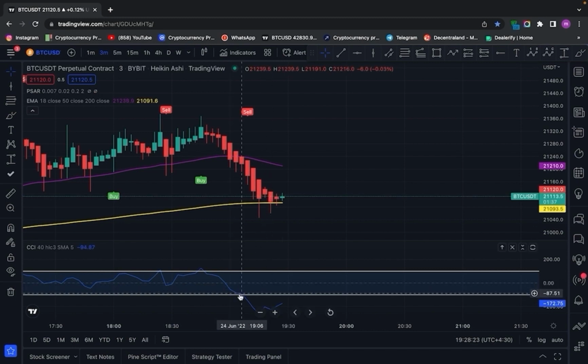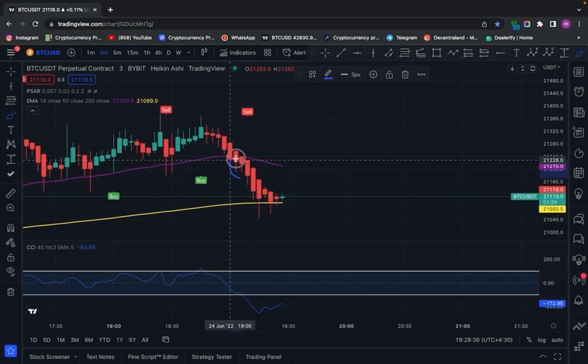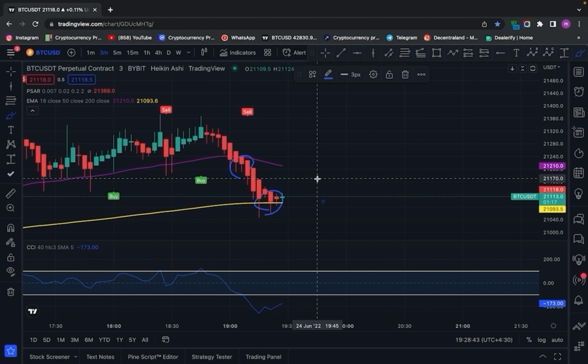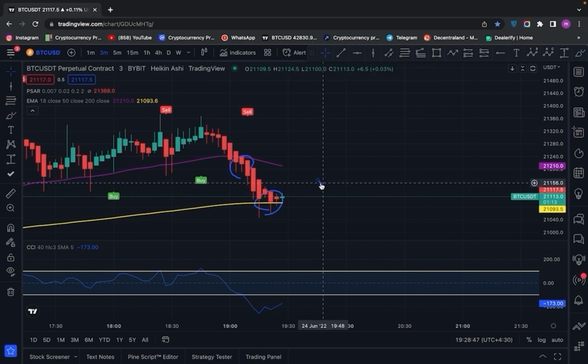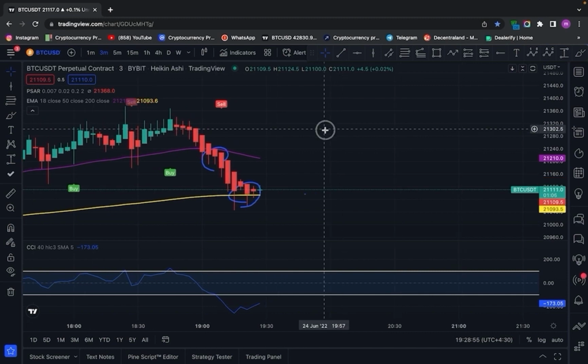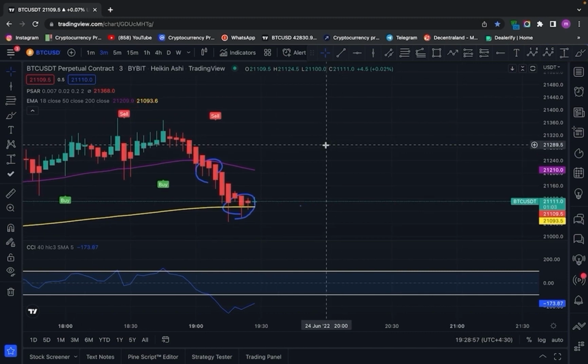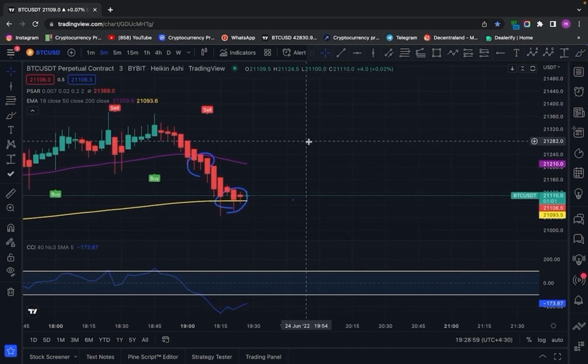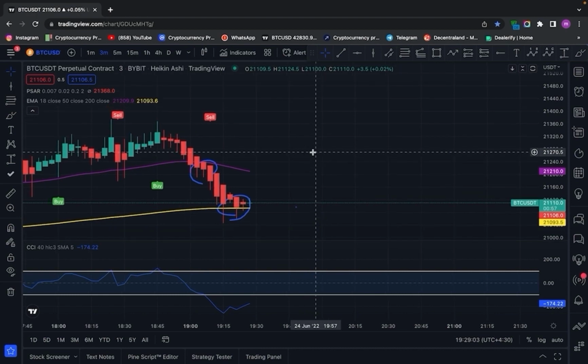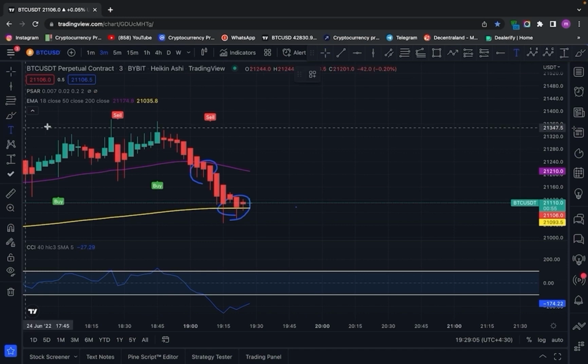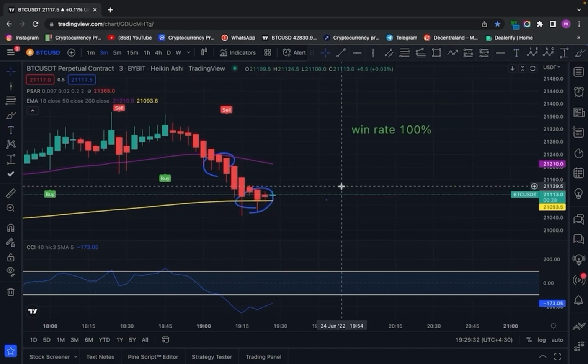The CCI indicator confirms that, but because our candles are over the EMA line, we cannot enter any trade here. Eventually, maybe this indicator gives us low signals, but its signals definitely reaches their targets. And you could close your trade with profits. And the win rate of this strategy is near 100%.